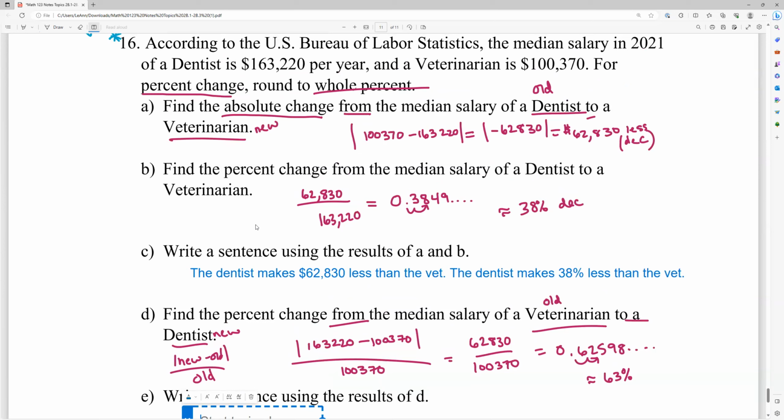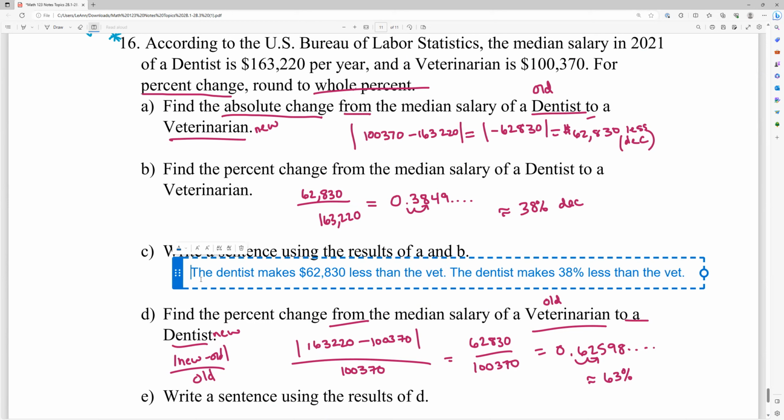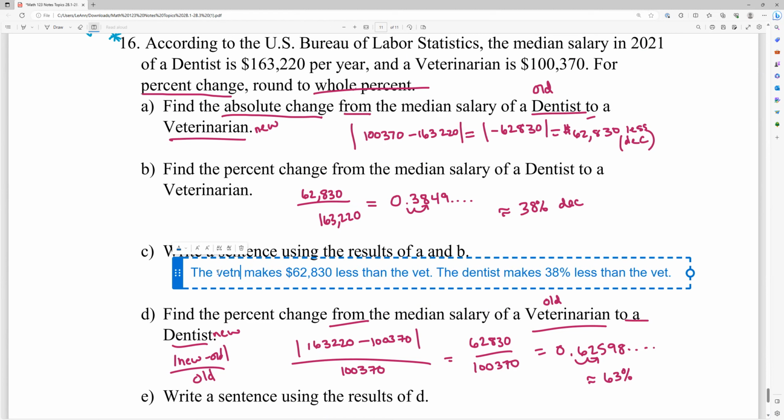I did not. We were supposed to write, so let's go back up to this one. I just reread my sentence and it did not make sense. So this should have been the vet makes, sorry, the vet makes $62,830 less than a dentist. I swapped the jobs, which you'll get wrong if you do it. So be careful, learn from my mistake.